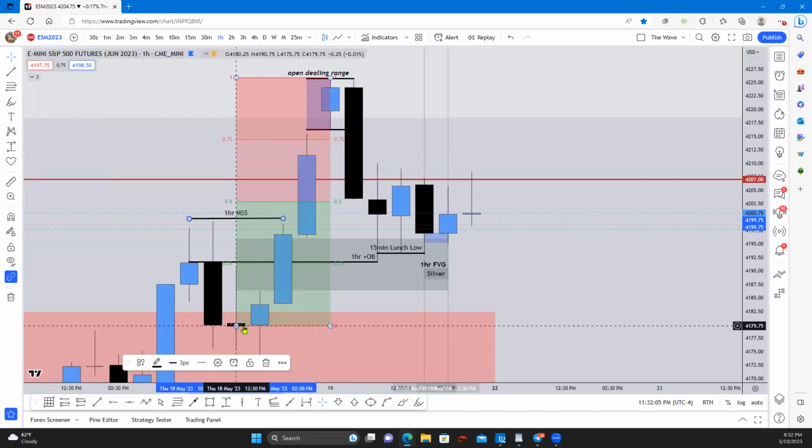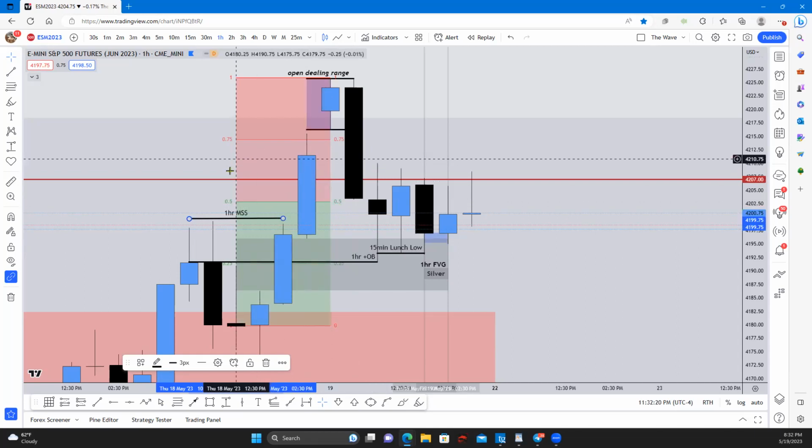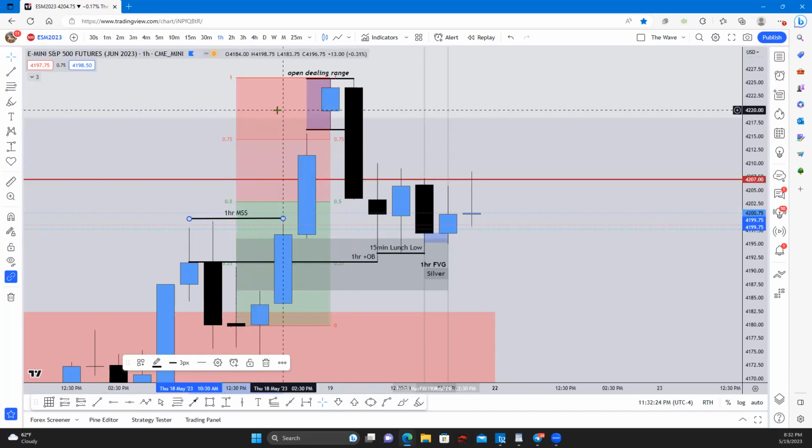So if we take our GAN box and we measure price from the bodies up to the high, we want to look for the nearest fair value gap underneath 50% or in a discount. So anything above 50% here is your premium.